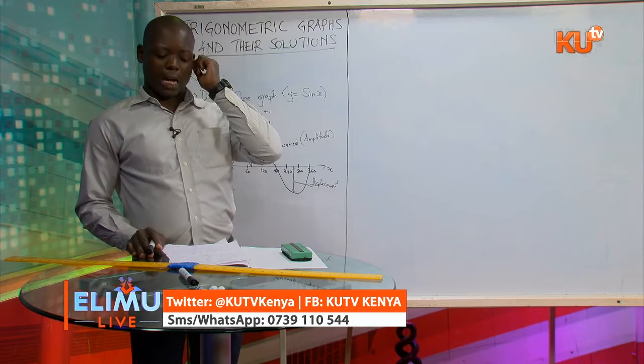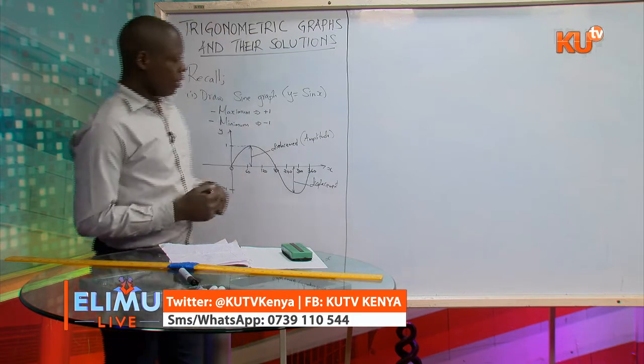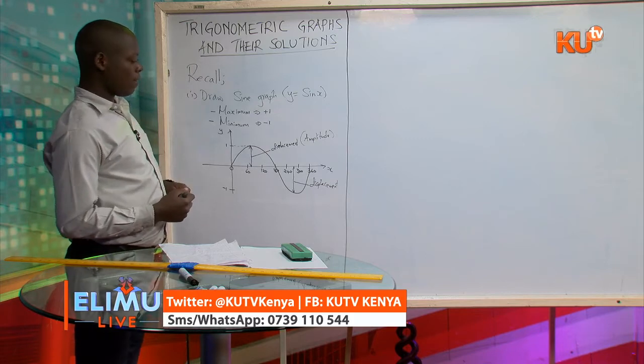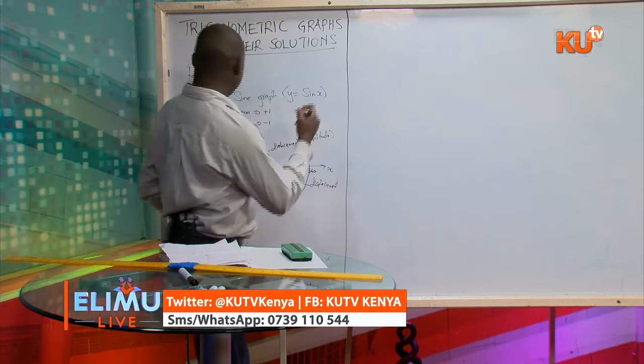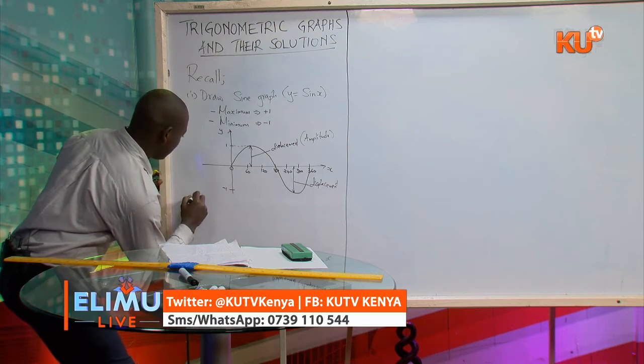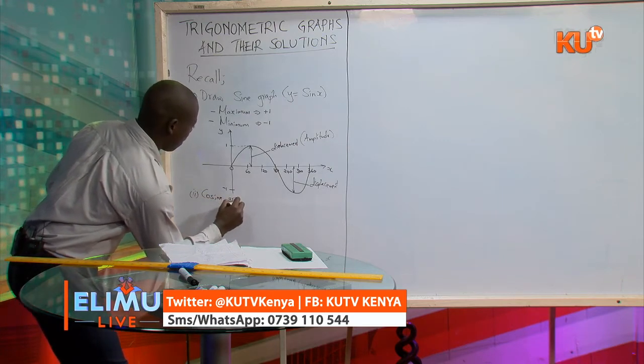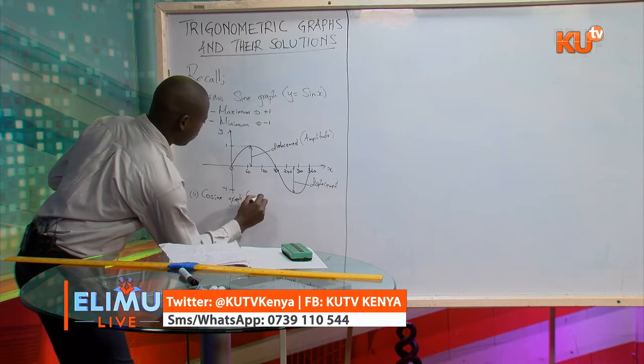And then you are again able to draw the cosine graph, and the cosine graph now appears this way. In this case, we are saying y is equal to cos x.